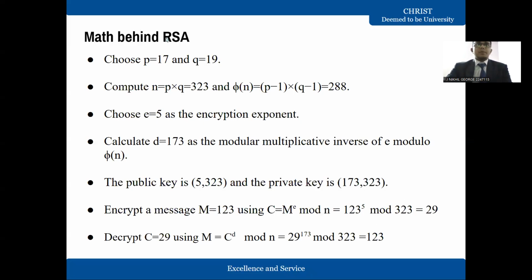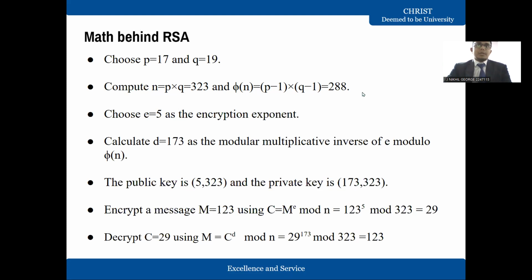So we'll go a little deeper into the math behind RSA. Here you take two prime numbers, P and Q. Take an example, then you compute them into an n value, which forms a bigger number. Now you take the Totient function, which is equal to P minus 1 into Q minus 1.